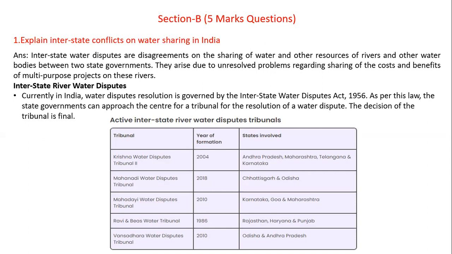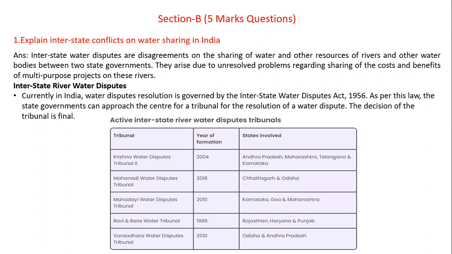Interstate water disputes are disagreements on sharing of water and other resources of rivers and other water bodies between two state governments. Why does this disagreement normally happen? Because water is a very essential commodity. Not only is it used for drinking, it is to a very large extent used for irrigation, and also as a solvent in various industries.